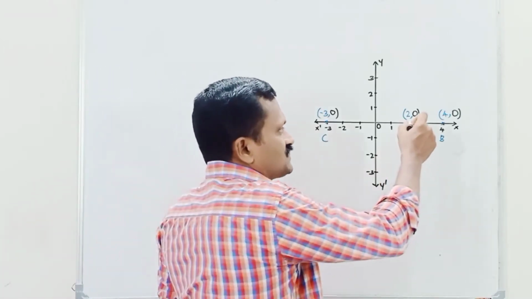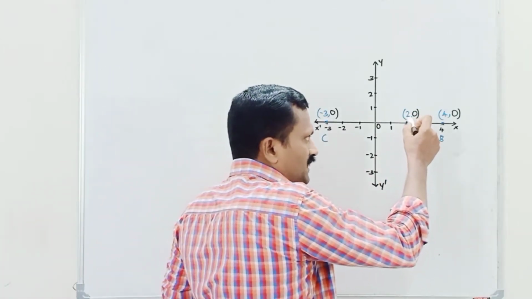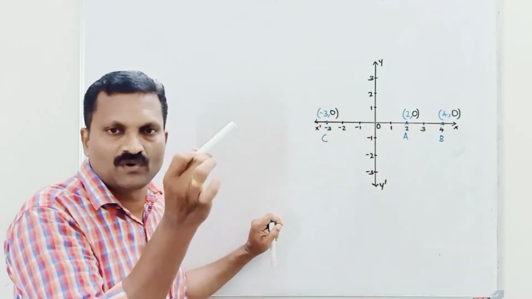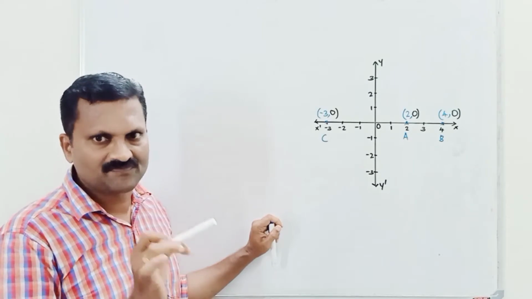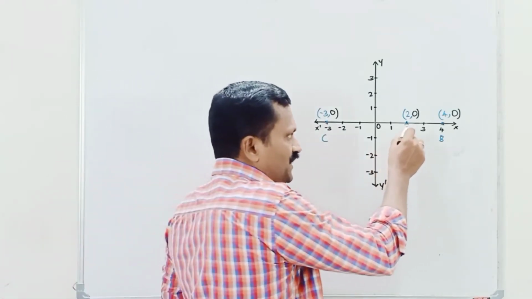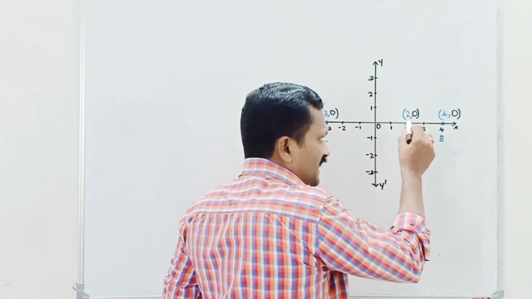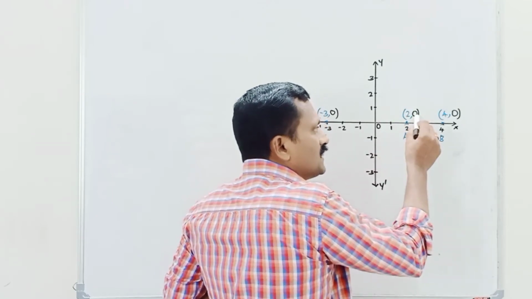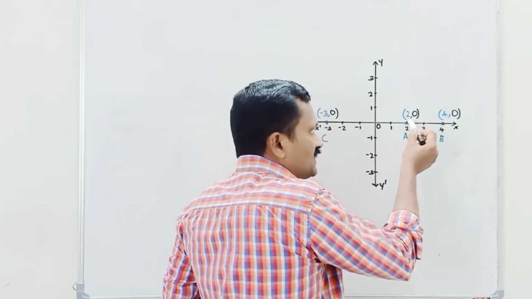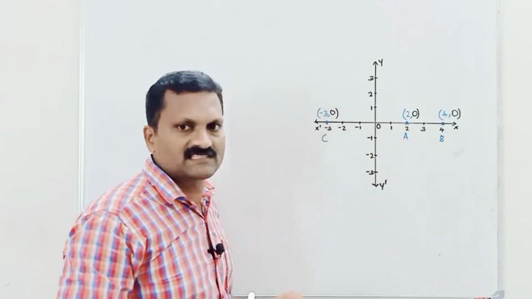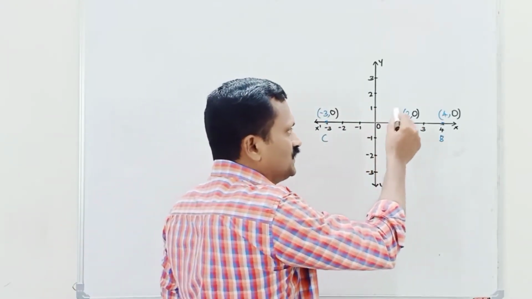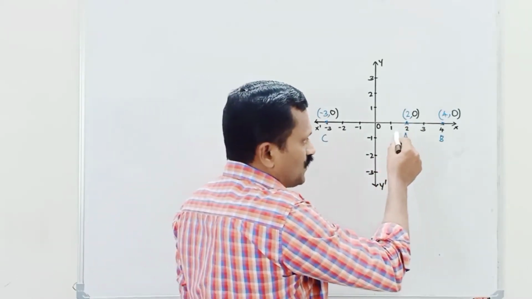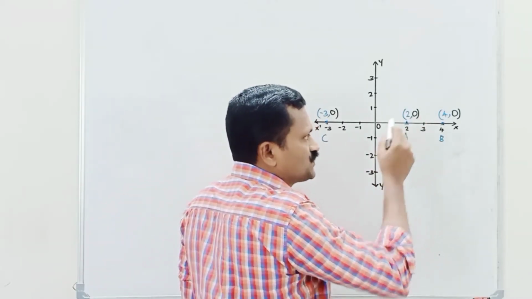To get the x-coordinate, we draw a perpendicular to the x-axis, and to get the y-coordinate, we draw a perpendicular to the y-axis. Taking point A first, it lies on the x-axis at 2. So the x-coordinate is 2. Then what is the y-coordinate? Draw a perpendicular to the y-axis. It meets at 0. So its y-coordinate is 0. So the coordinates of point A are (2, 0).